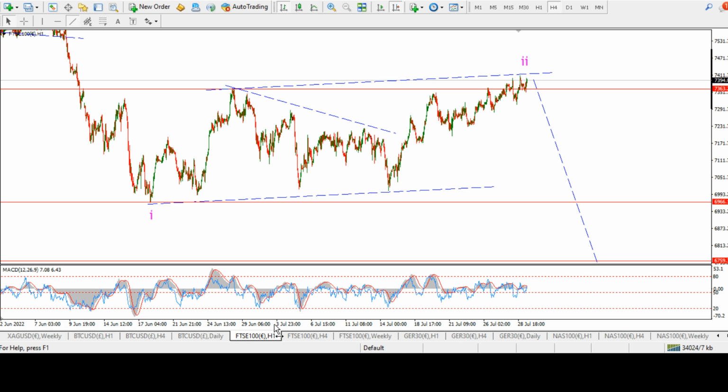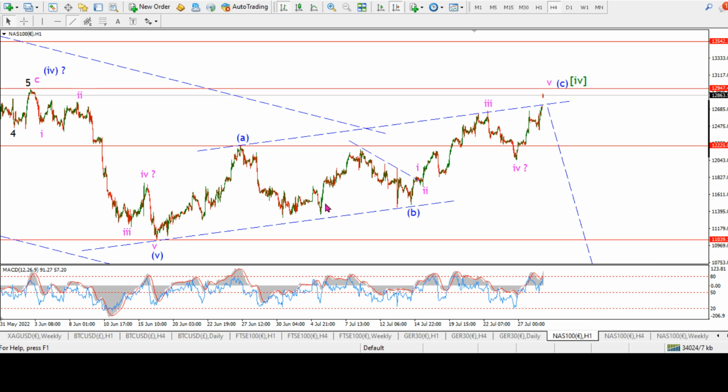So we've got the DAX correcting, we've got the FTSE correcting, we've got Bitcoin correcting higher, we've got silver and gold correcting higher, we've got the US stock markets, the major indices correcting higher, the NASDAQ here, we've got the NASDAQ correcting higher, a lot of corrections higher.